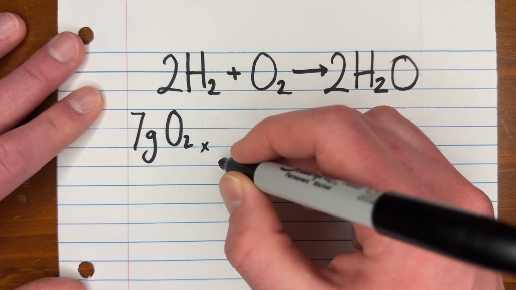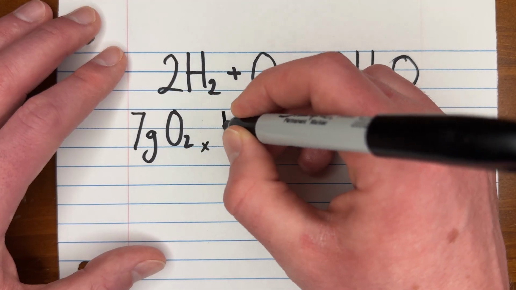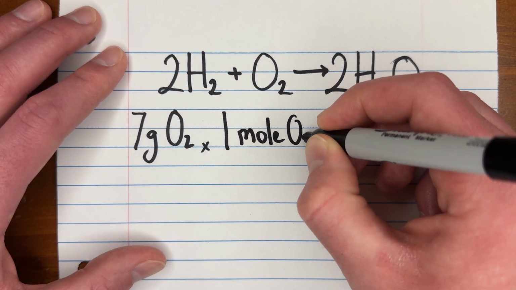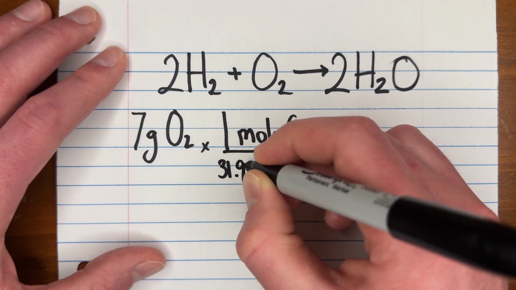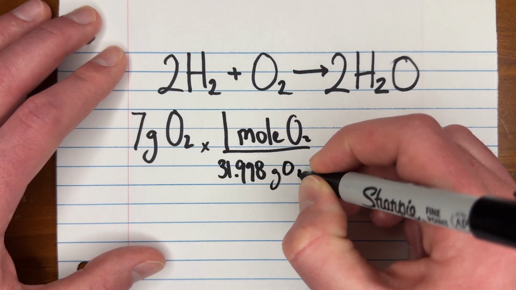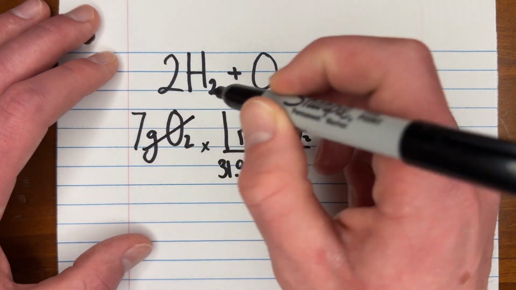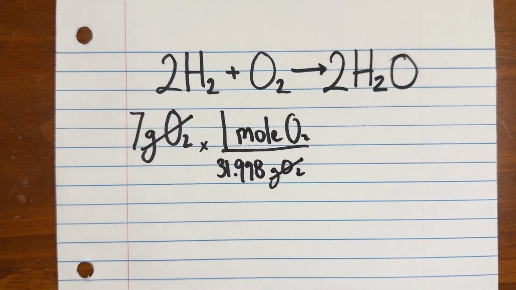You need to divide by 31.998, or multiply by 1 mole O2 over 31.998 grams of O2. Because remember, these units are going to cancel, and then you're left with the right units that you want next.